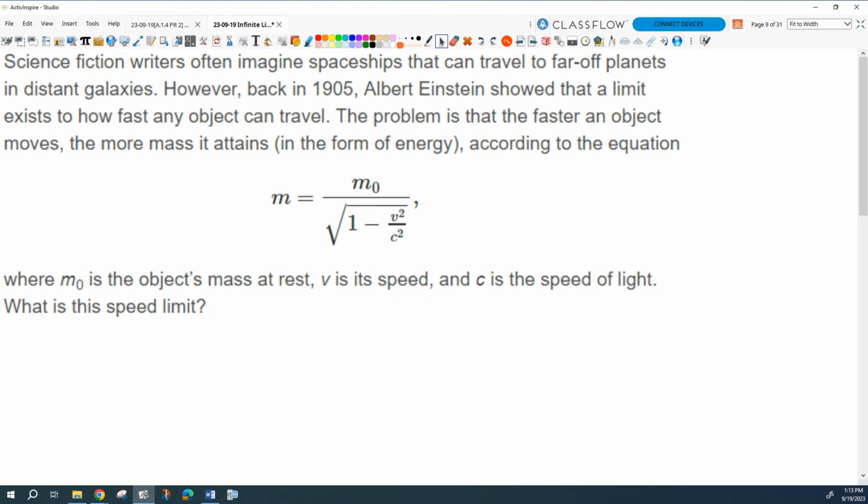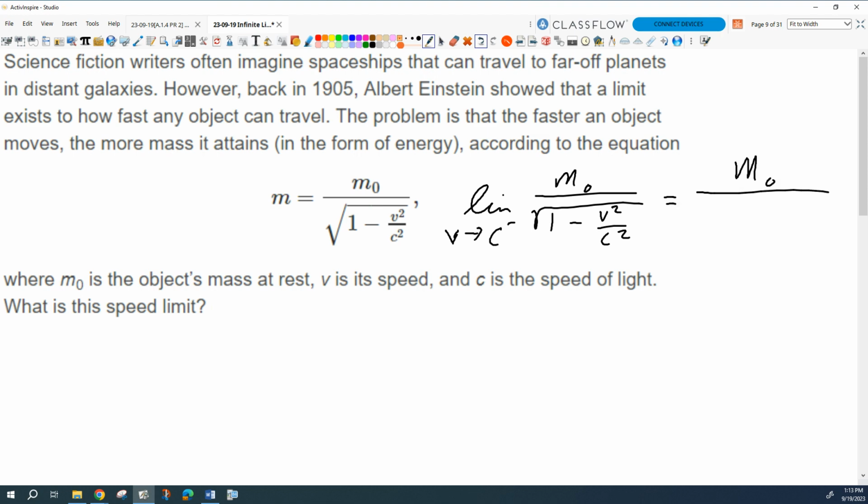Okay, so we would do this then, wouldn't we? We want to explore the behavior of the limit of m naught divided by the square root of 1 minus, not plus, v squared over c squared as v approaches c from the left. Well, if we evaluate that directly, what's it give us?